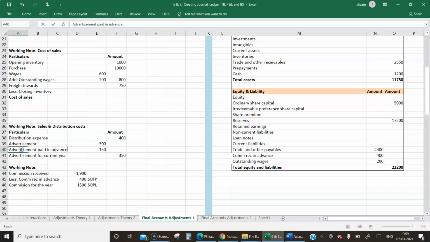Okay, because you should not consider anything which is paid in advance. Okay, so this 150 has to go to the SOFP, and this will go to the SOPL. So put together, the total sales and distribution expense comes to 750.